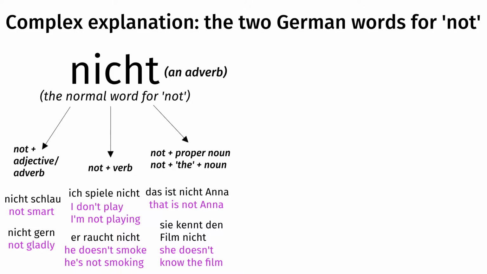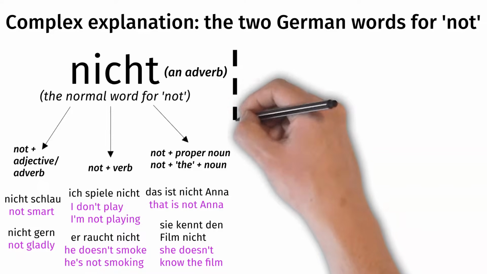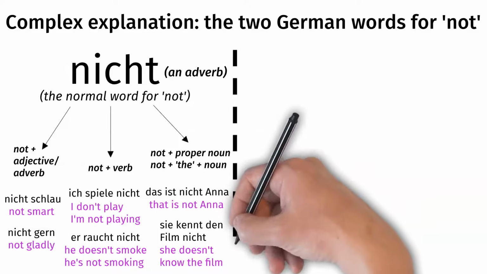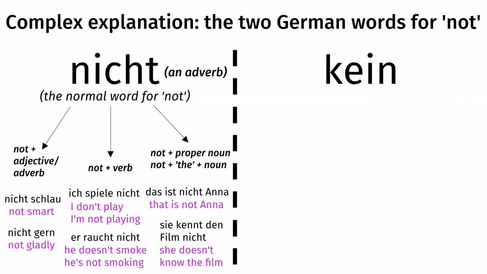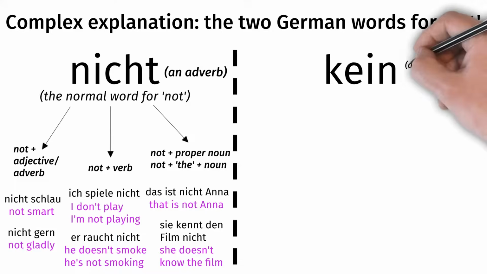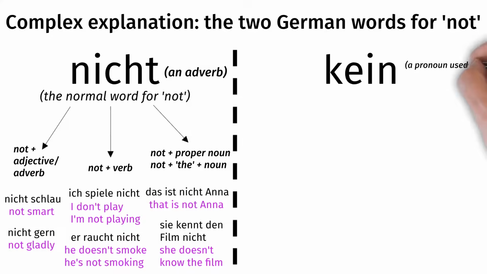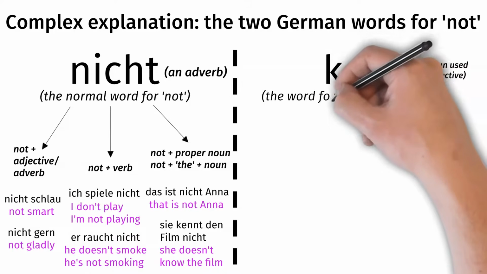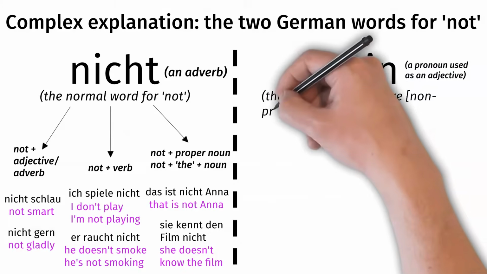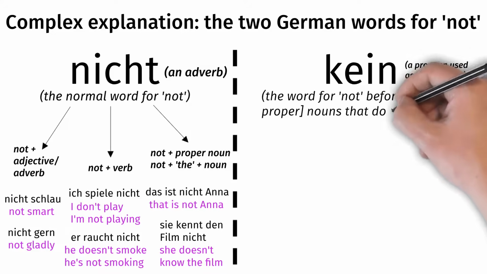Notice it's not she doesn't know a film or any film, but she doesn't know the film. And that's when you would use nicht instead of kein. Kein, on the other hand, is not an adverb. It's a pronoun, but I would say used as an adjective most of the time. And it's the word for not before non-proper nouns that don't have the.